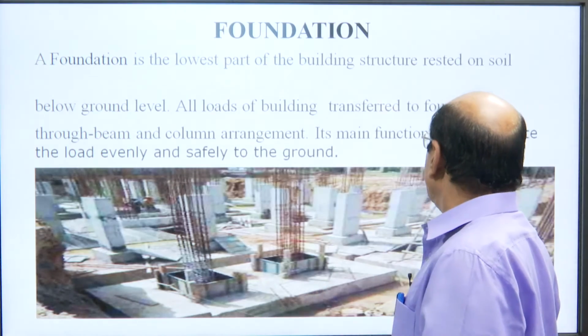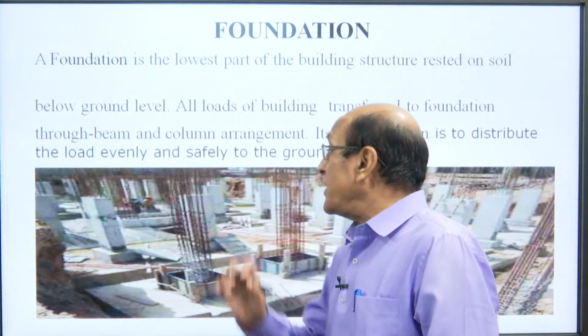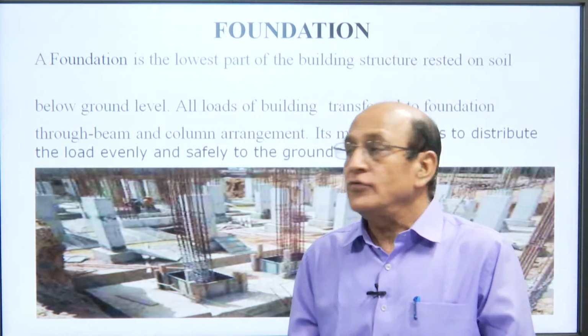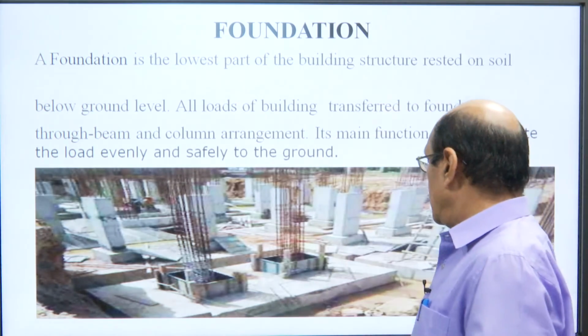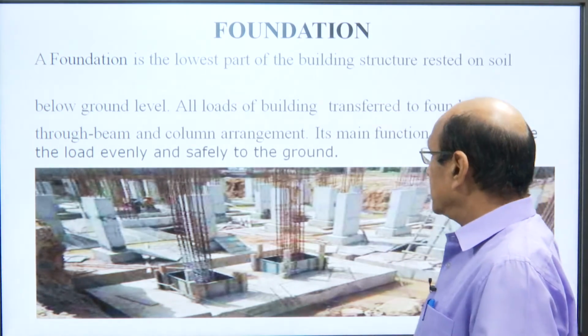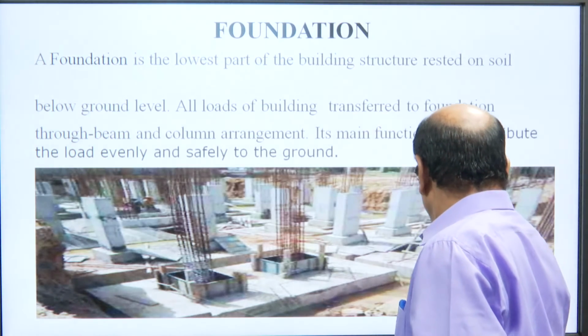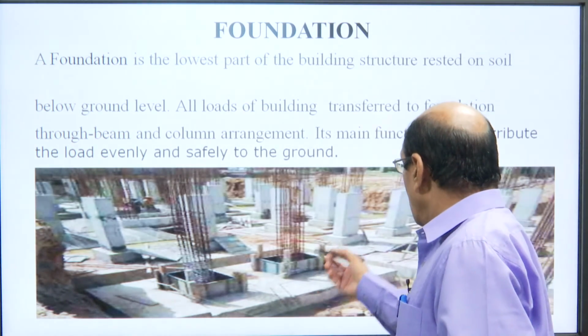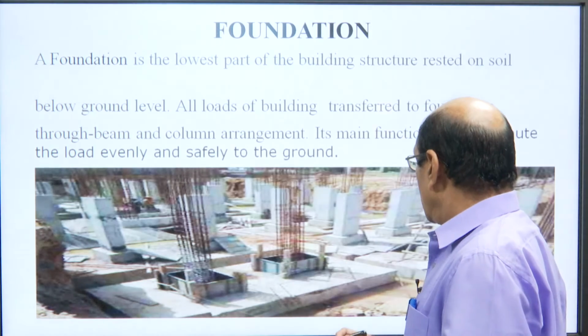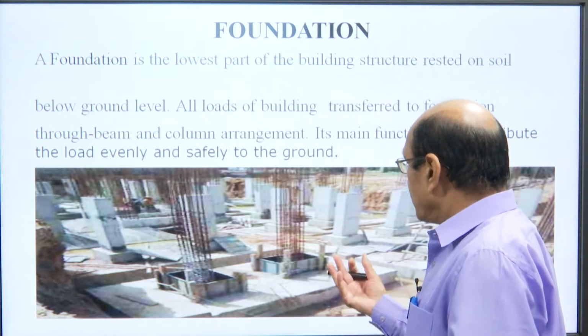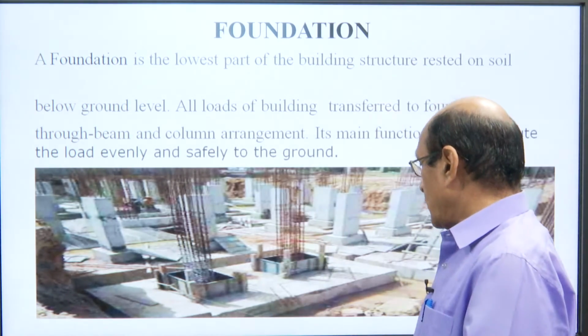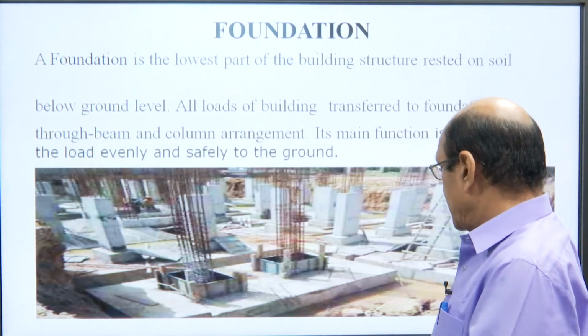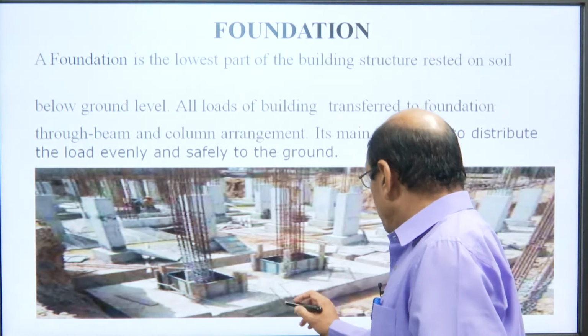Its main function is to distribute the load evenly and safely to the ground. And we see here this is the foundation and columns are erected, some part of the columns are erected and reinforcement is also visible here.